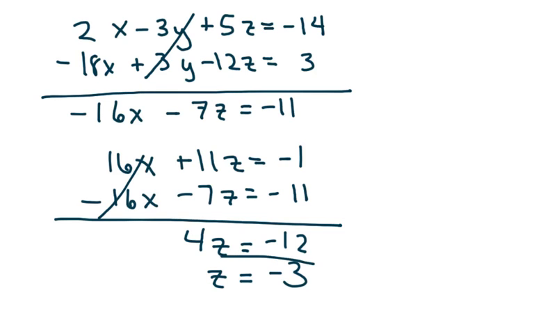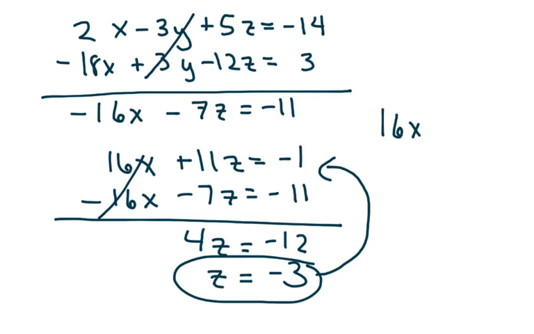If z is negative 3, you plug this back into one of these, and you're going to get 16x minus 33 equals negative 1, and we're going to get 16x equals 32, so x is 2.